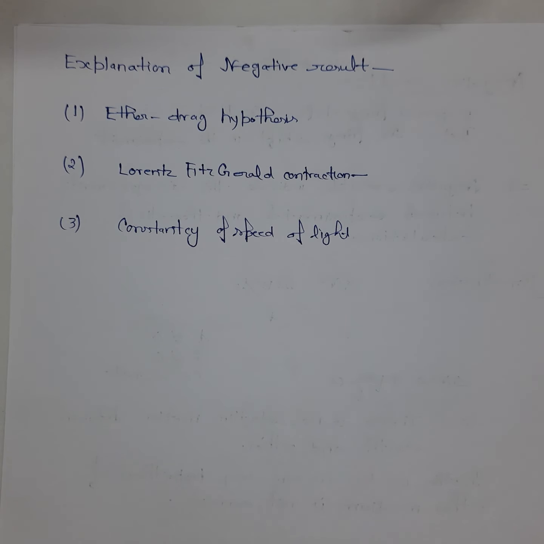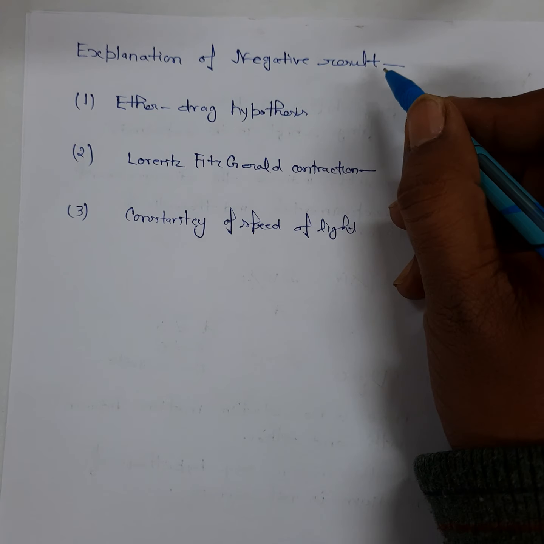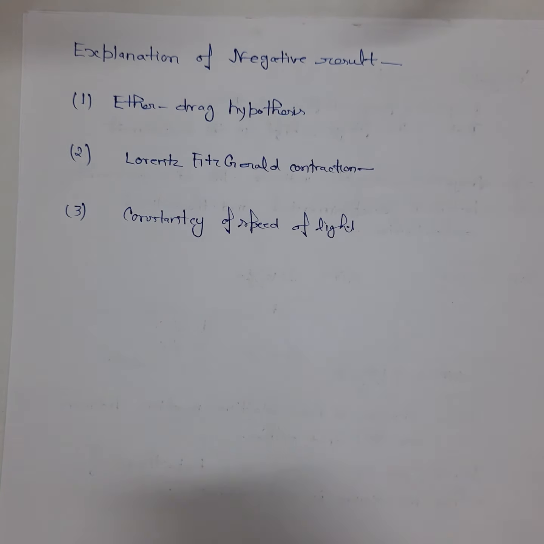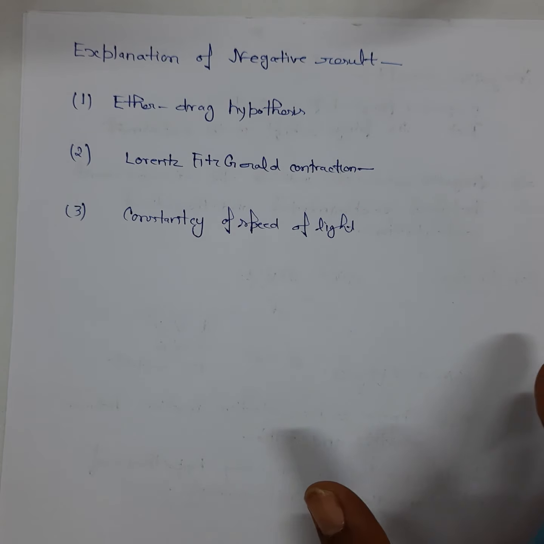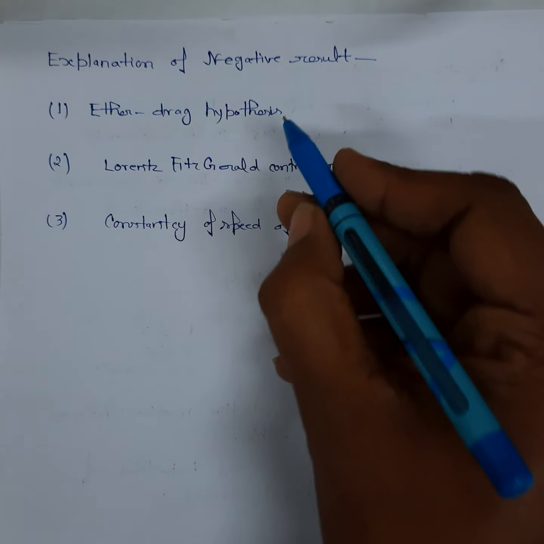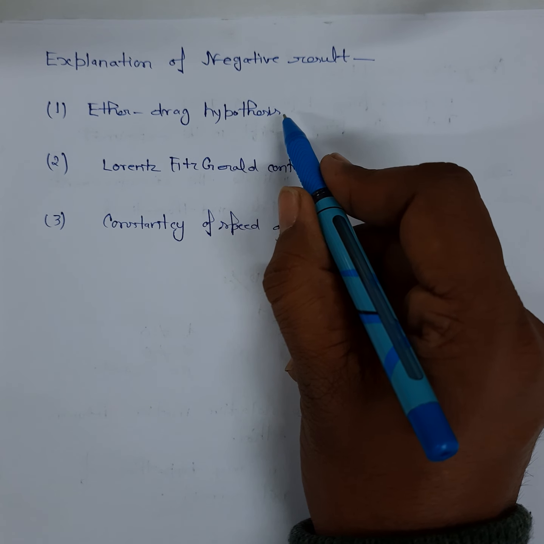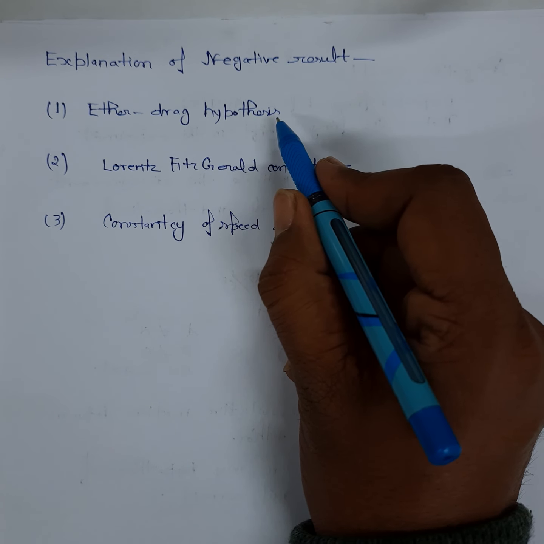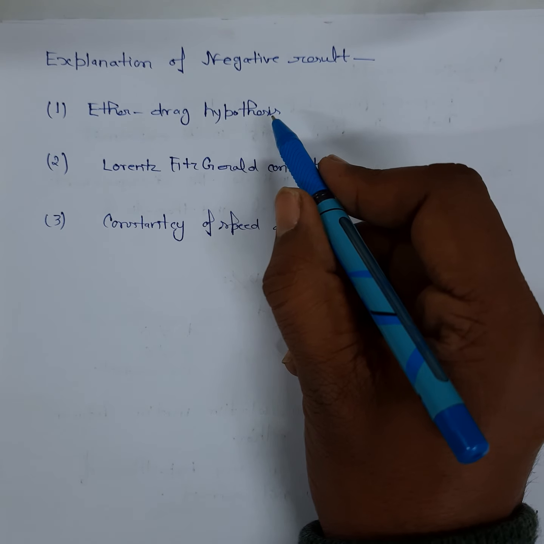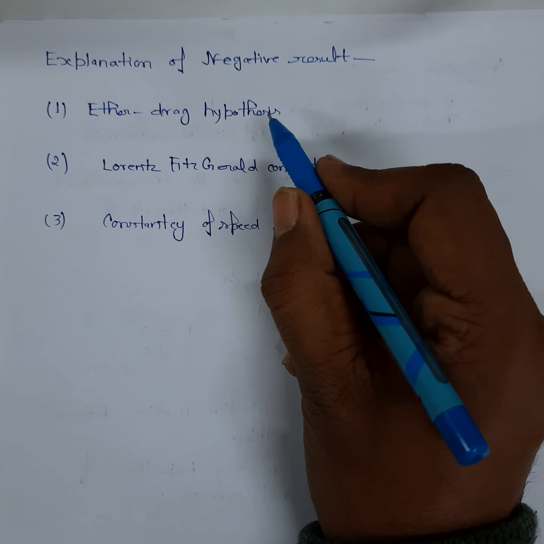Now, in order to explain the negative result of the Michelson-Morley experiment, a number of interpretations were given by different groups of scientists. These are the three main explanations. As no relative motion was found, according to the ether drag hypothesis, it was assumed that the moving earth drags the ether along with it.